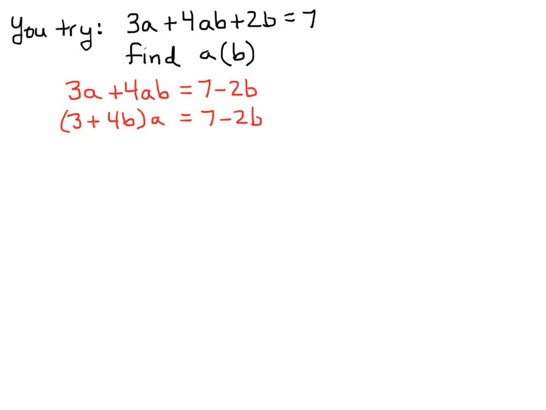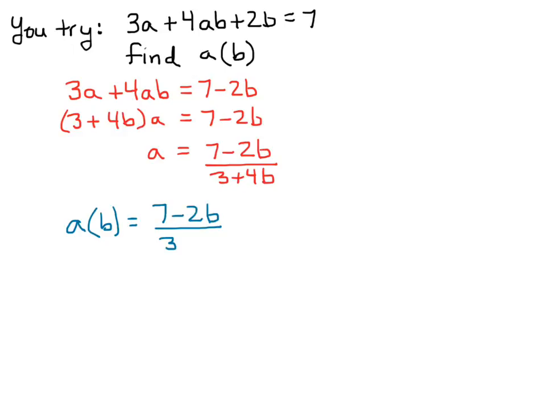So the 3a and the 4ab I'm going to keep on the left, and I'm going to subtract 2b from both sides, and I'll get it on the right. And then I can factor out the a, and then it turns out that my a is simply 7 minus 2b over 3 plus 4b. And so now I can declare this a function because this works out really nicely. And so for any value of b now, I can determine my value of a.